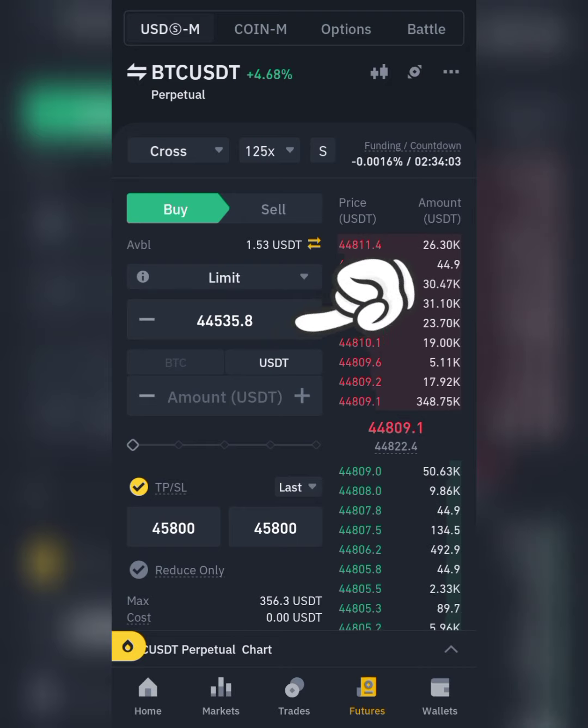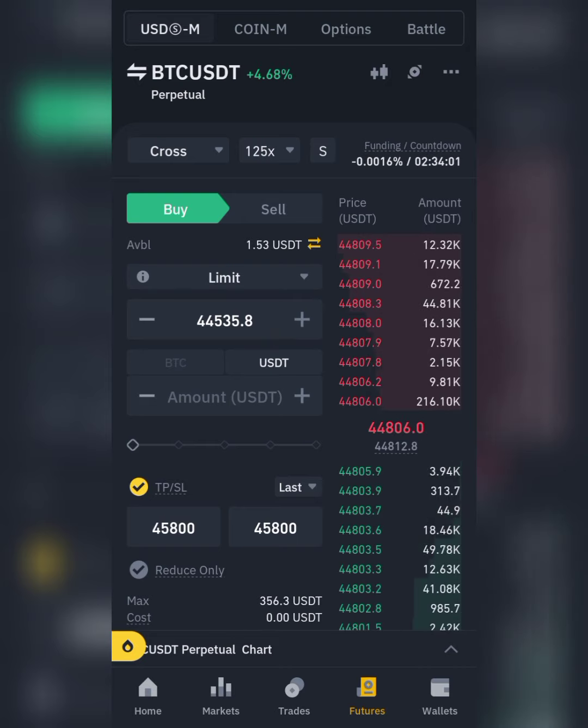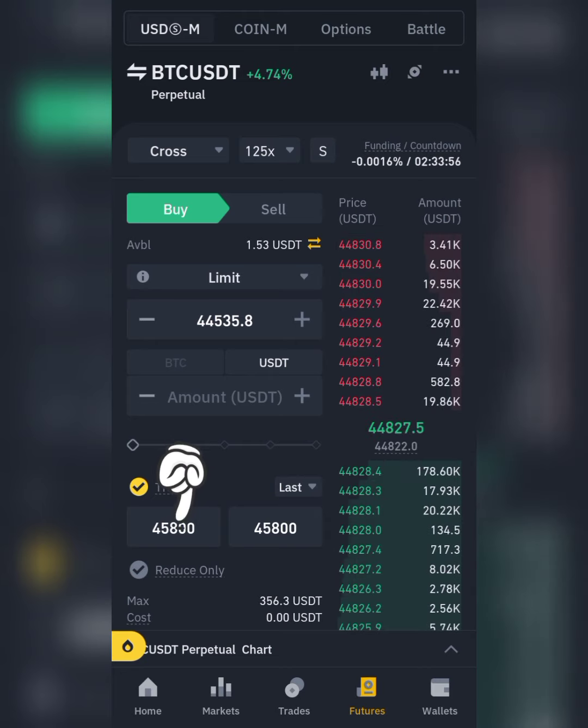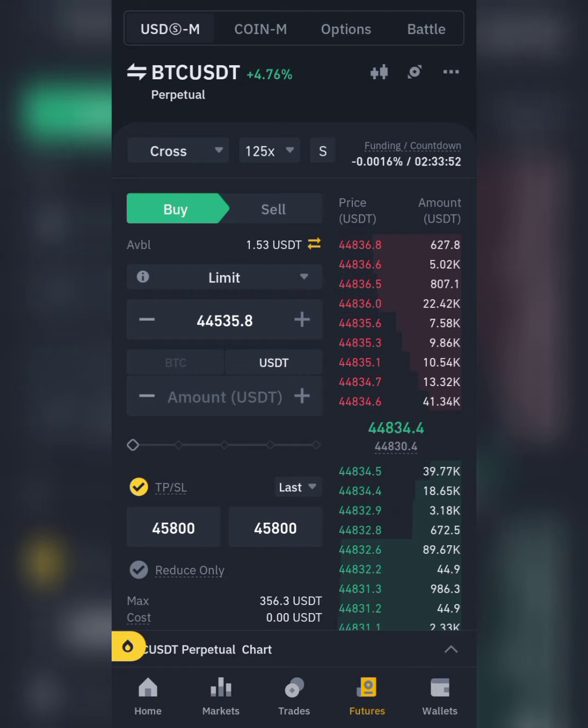The entry price is the price at which you took your position. Very simple.